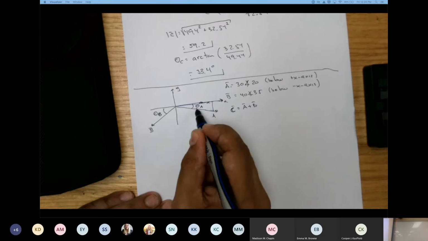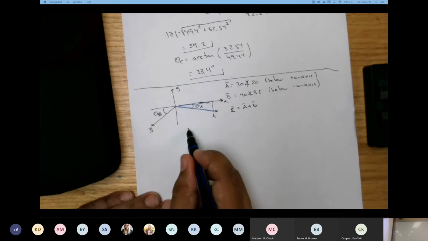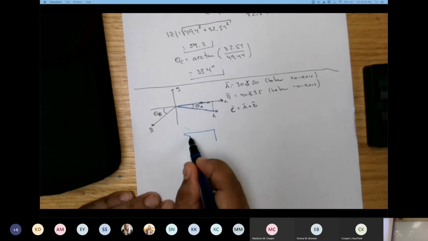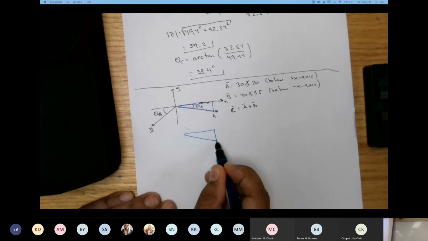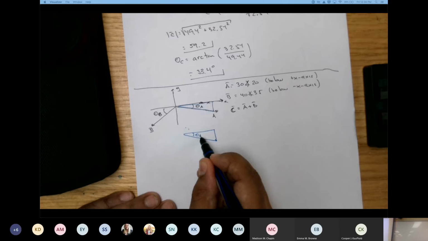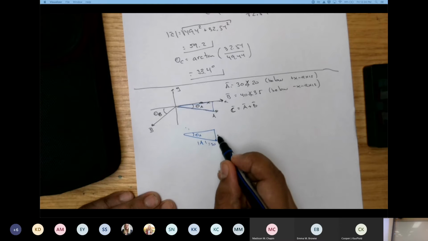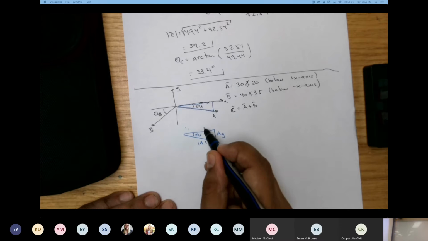I'm going to draw it. This is theta A. This is the magnitude of vector A, that's going to be the 30 units. And then what I need to find out is the y component and the x component.